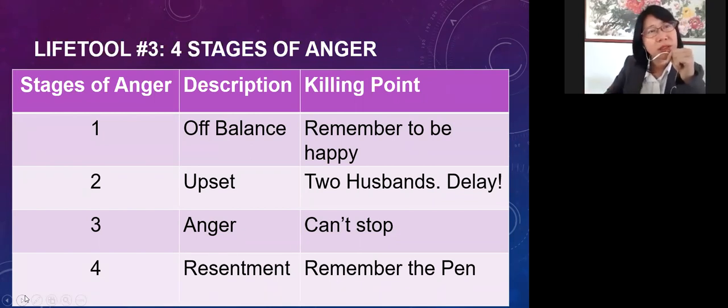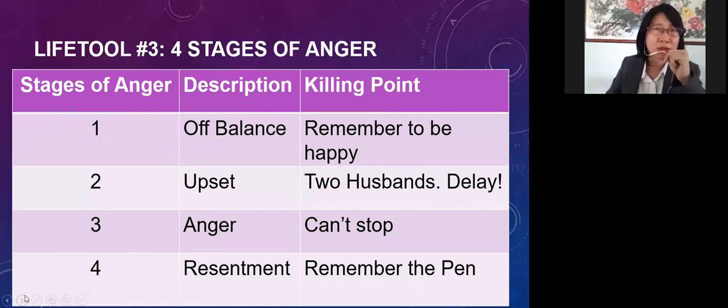When we are in the first stage of off balance, we need to remember when we felt happy. We need to bring in quickly those happy moments that we have, so that we do not continue to the next stage, that is upset. But when we are in the stage of upset, we can apply the killing point called the two husbands, or delay the anger.